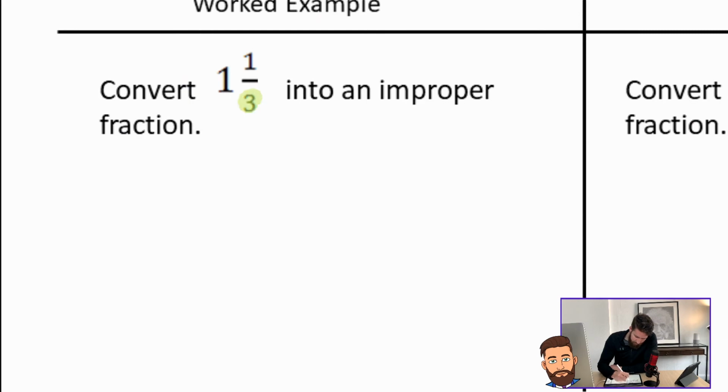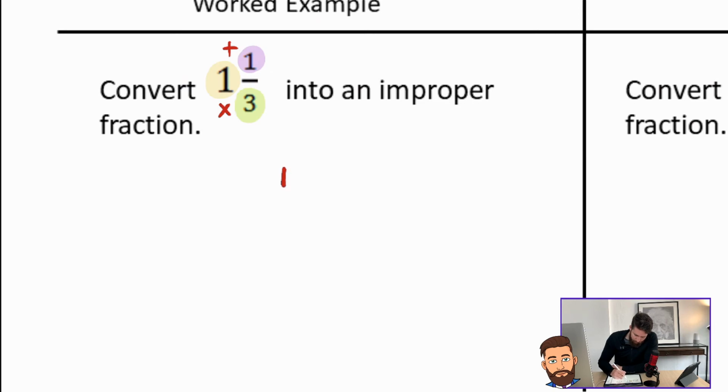you take the denominator and you times it by the numerator, the whole number, sorry. Then you add the numerator. So what do I mean? You do 3 times 1, which is 3, add 1, which is 4.